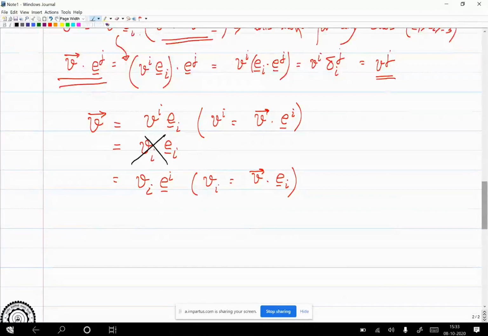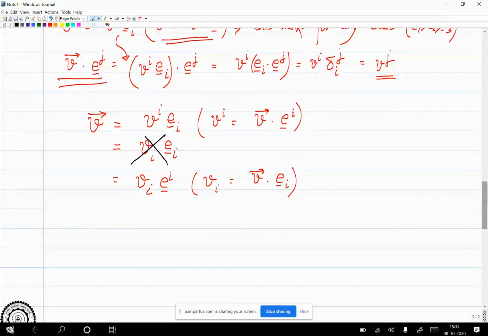Sir, if i is above and j is below, then how will it operate in the first line, which is currently showing on the right side? Please say again. If instead of V superscript i delta superscript j subscript i, we have V superscript i delta superscript i subscript j.